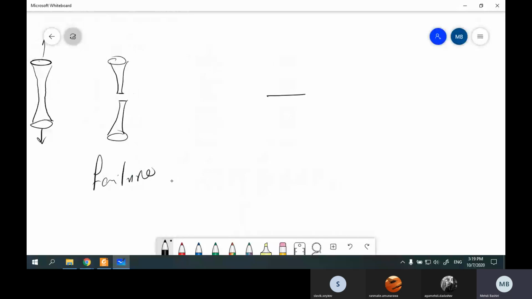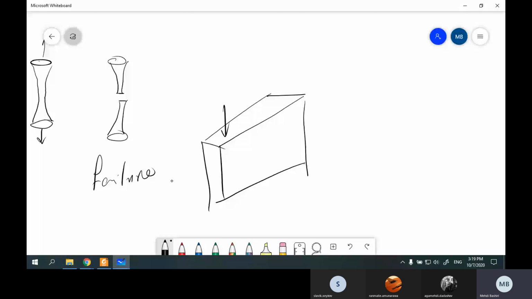If you have, for example, a wall, and if you apply too much force, that means more than its capacity. For example, in the previous case, if you remember, I told you about the capacity. Suppose that you have 275 kilogram of force, and your capacity is 250 kilogram.